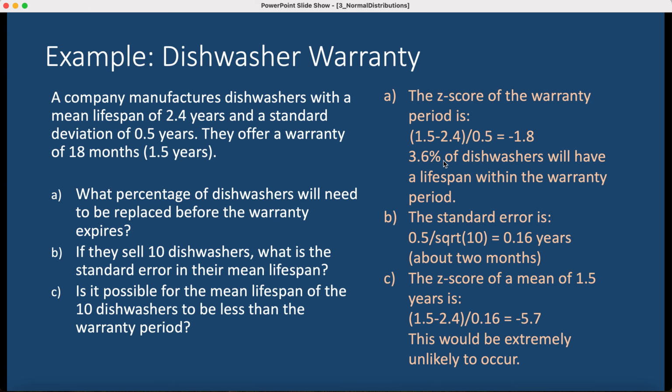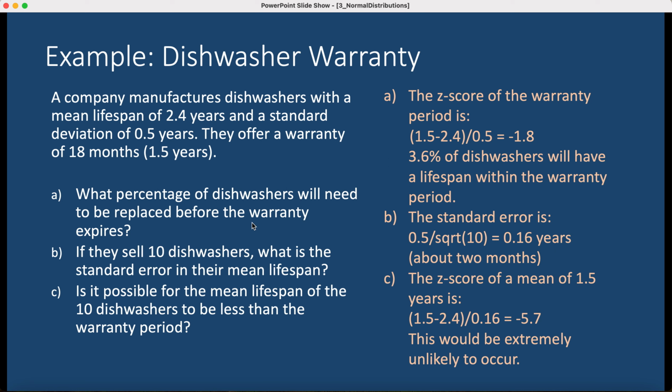So 3.6% of dishwashers will fail in that warranty period and need to be replaced. Which means the other 96.4% of dishwashers are expected to live longer than the warranty period, and so they won't need to be replaced.